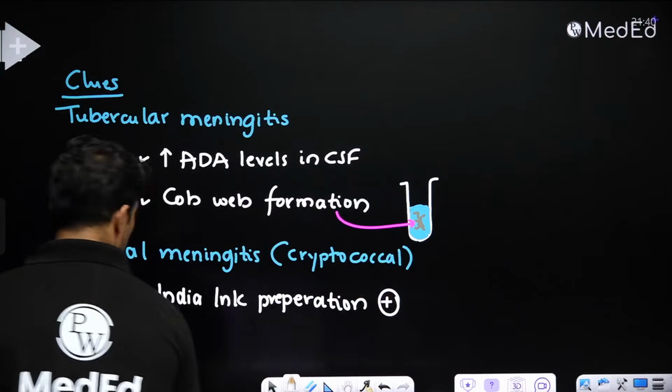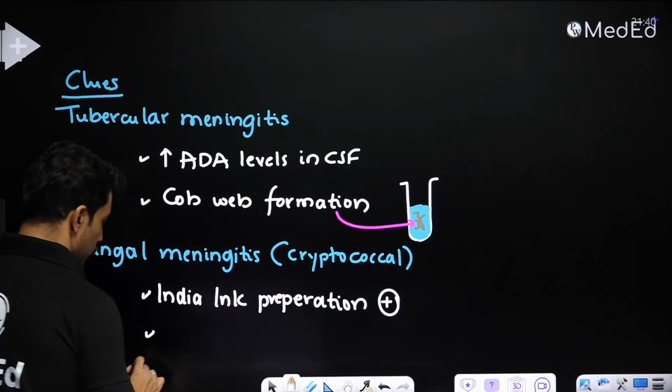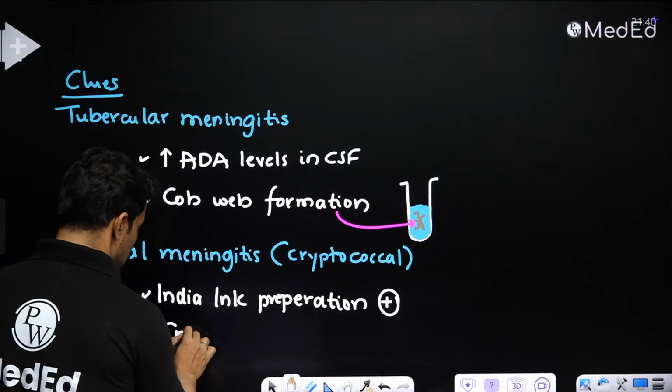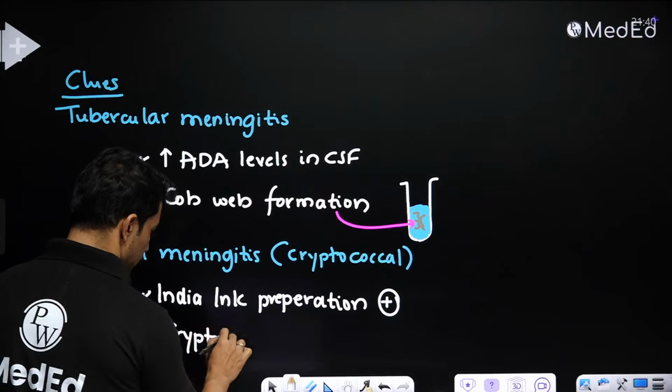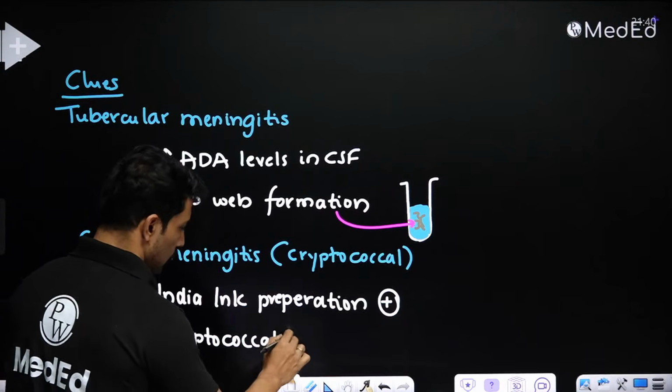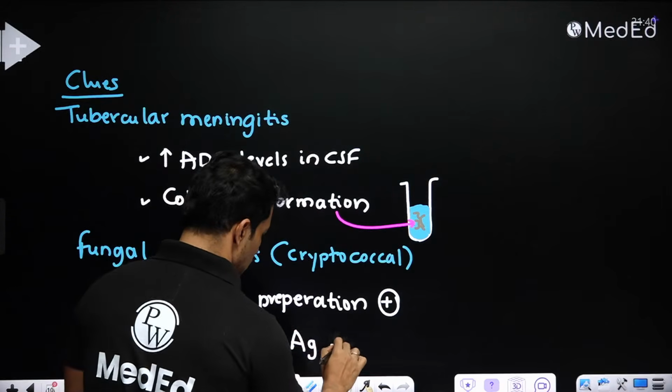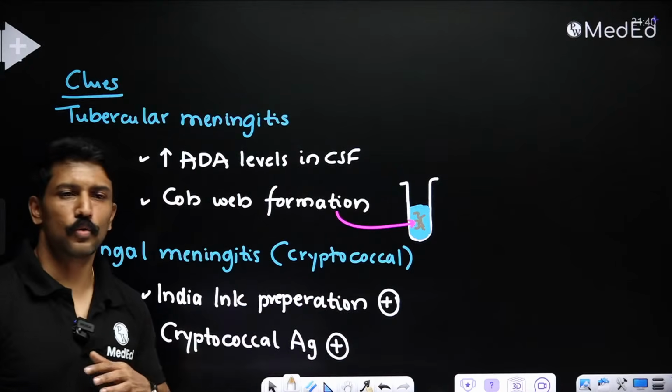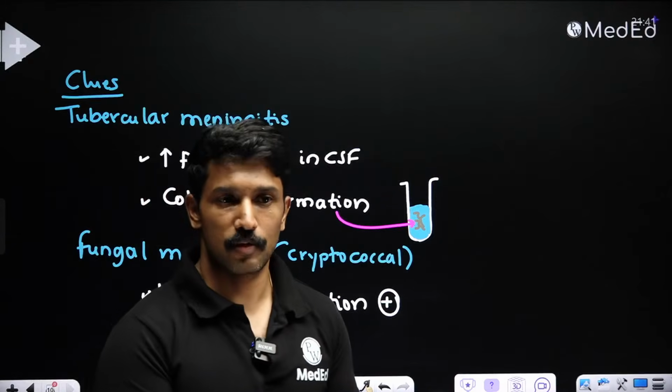The second potential clue may be cryptococcal antigen being positive. So these additional clues often come in CSF-based MCQs.